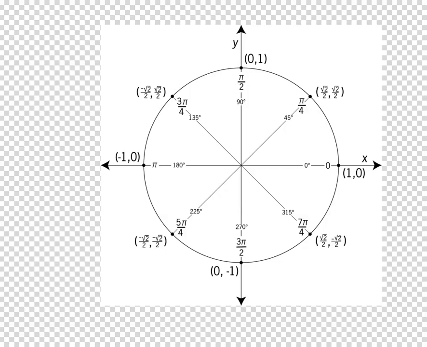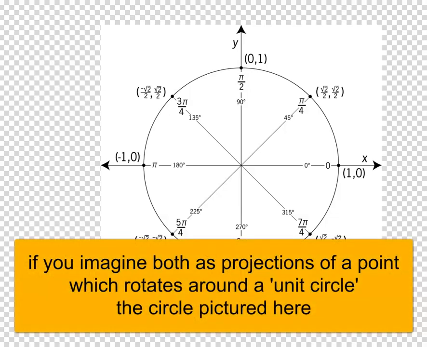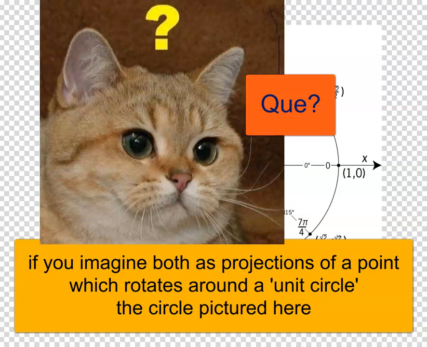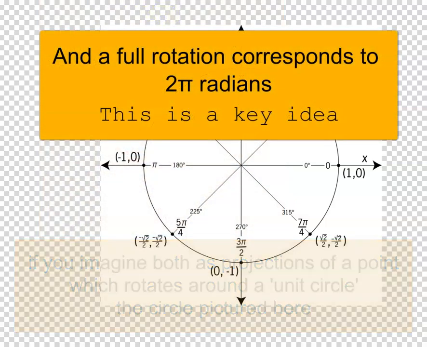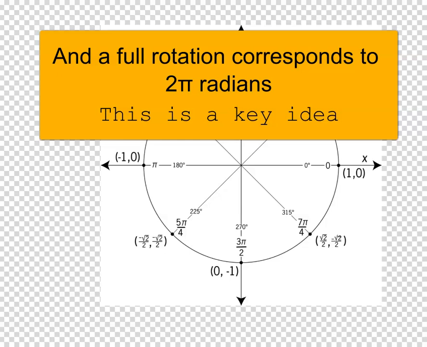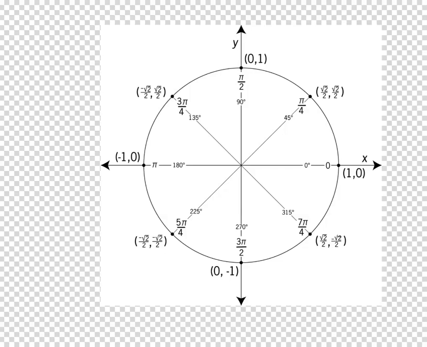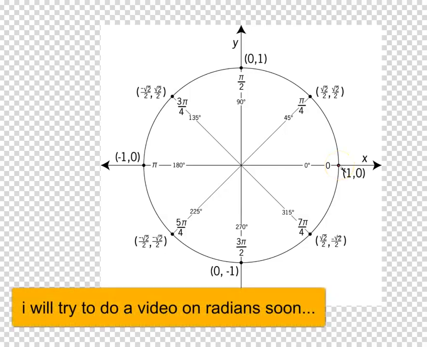The 2 pi arises because the sine and cosine functions are defined as projections of a point rotating around a unit circle, and a full rotation of the circle corresponds to 2 pi radians. If you're not familiar with the concept of radians at the moment, don't worry too much.